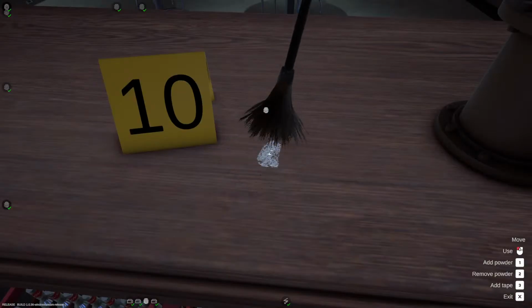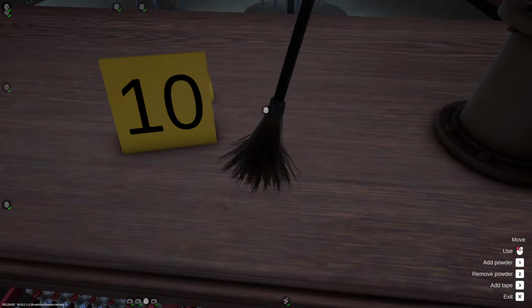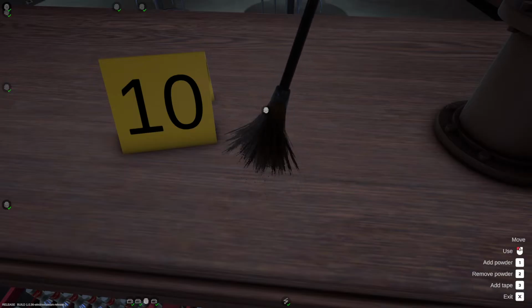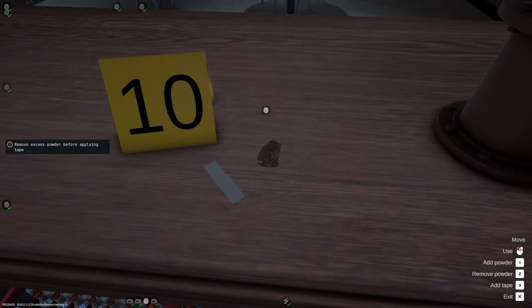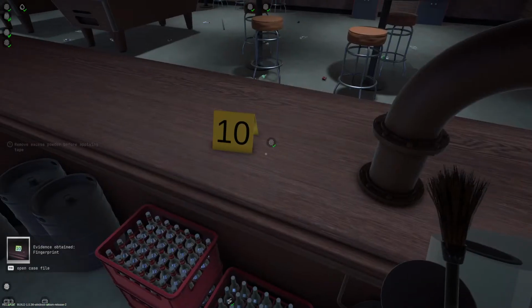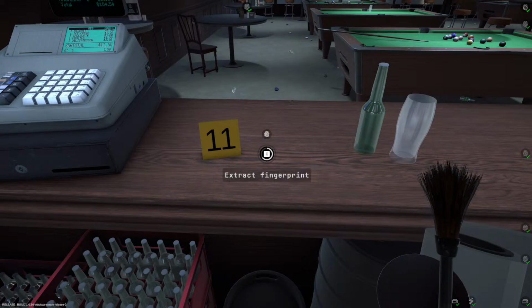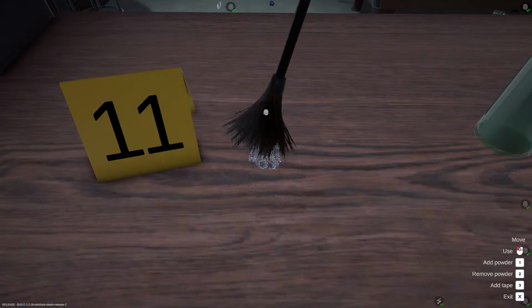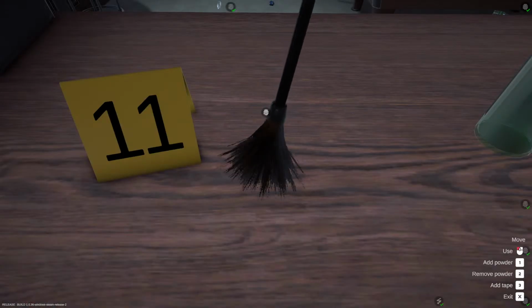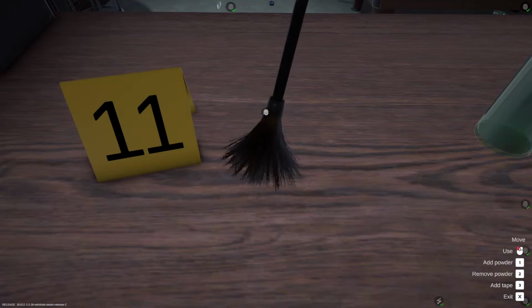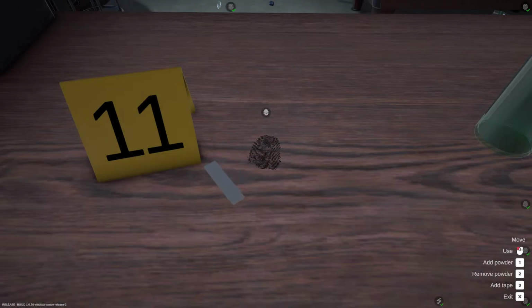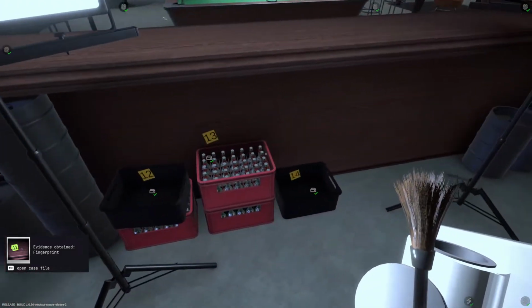These are most likely going to be the bartender, just because they are closer to the inside of the bar here. Alright, that is everything for now.